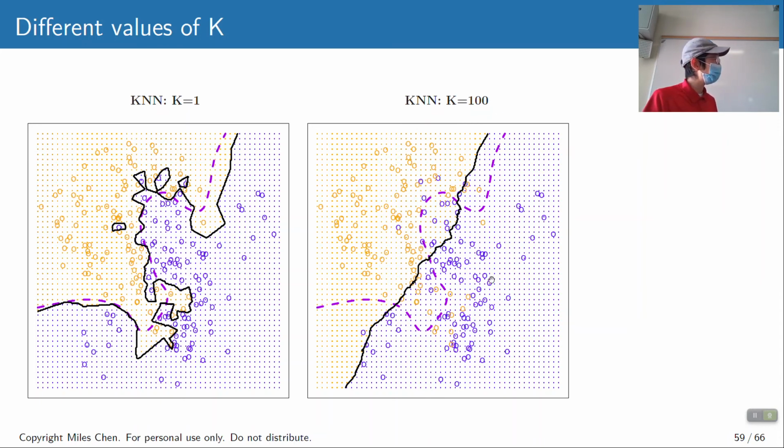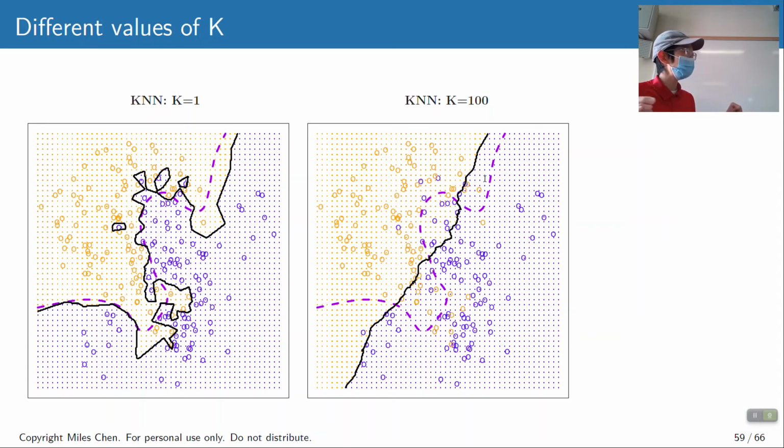Over here, we have k equals 100. So we take a point and we say, what are the 100 nearest neighbors? Some are going to be blue, some are going to be orange. And so the boundary that ends up getting formed is this kind of line here, which doesn't fit the true boundary, the dotted purple line, very well. So these are two extremes.